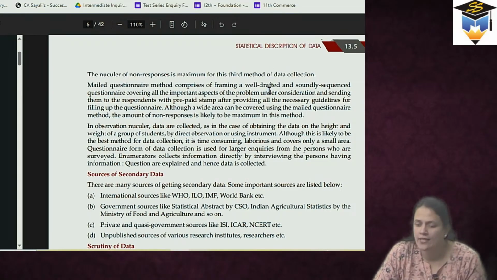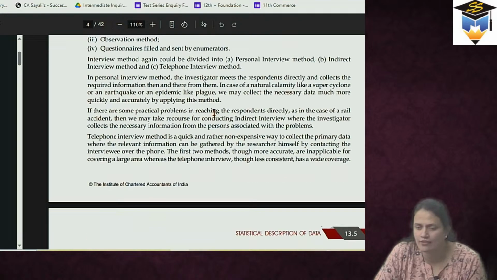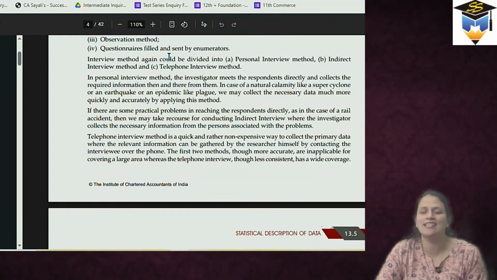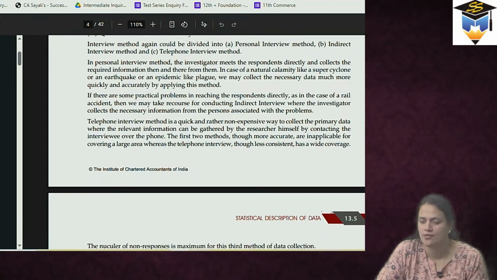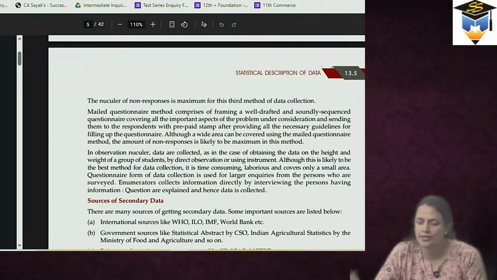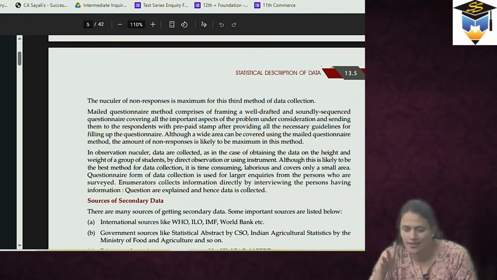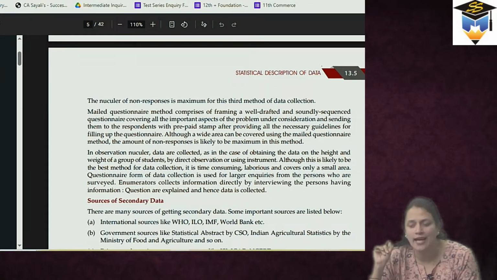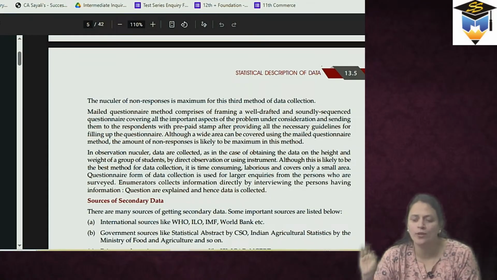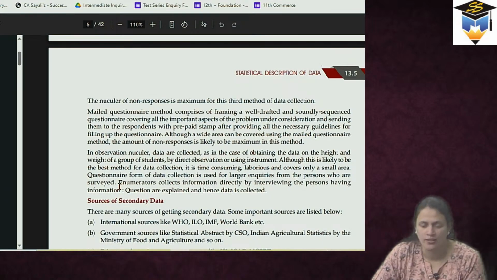Okay. And the last method, they have given the last method as questionnaires filled and sent by enumerators. Do you know the meaning of enumerator? Let us see. Enumerators collect information directly by interviewing the persons. See, here they have mentioned.